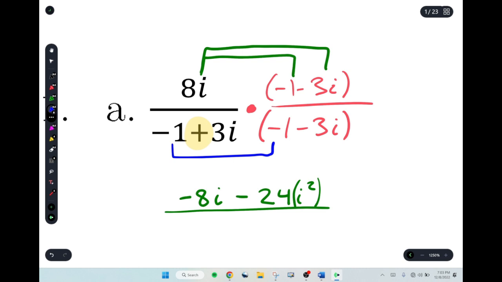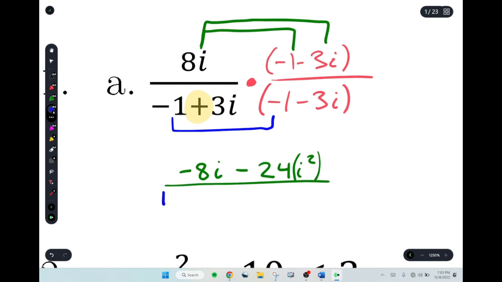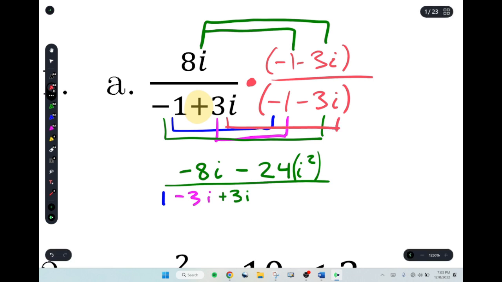Negative 1 times negative 1 is 1. Positive 3i. Negative 1 times negative 3i is positive 3i. Negative 1. Negative 3i times 3i is negative 9i squared... Ooh, that's super nice. Look at those two things. And then 3i minus 3i cancels, and we have negative 9i squared.